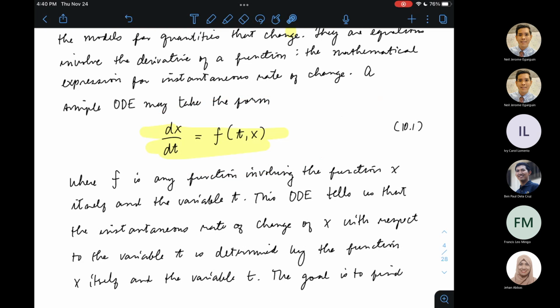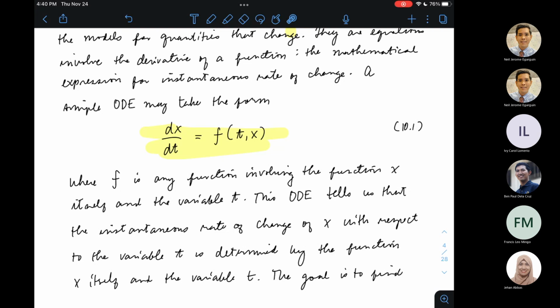So here we have the independent variable t, and the dependent variable x which depends on the variable t. Variable t kasi piniprepare ko to sa interpretation na we are differentiating with respect to time, and then x is a function value which represents space. So really it's still the spatial and the temporal aspects of a problem.